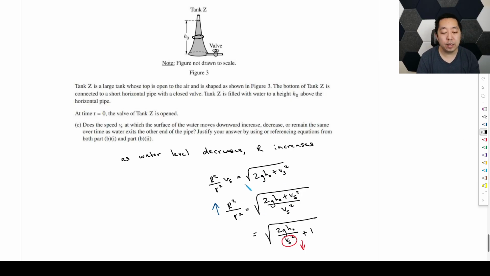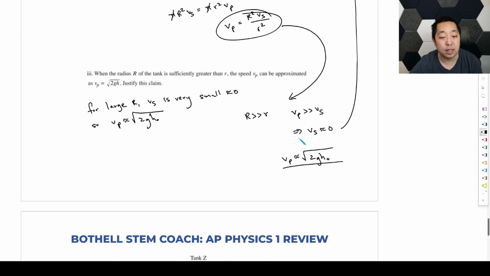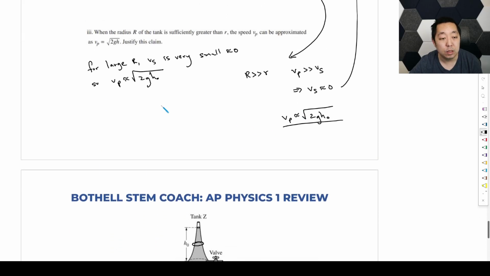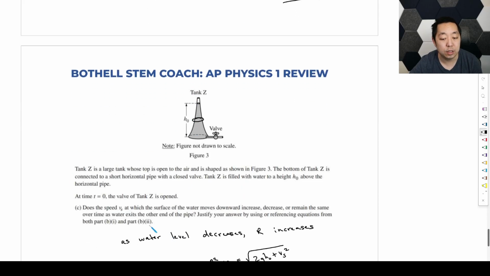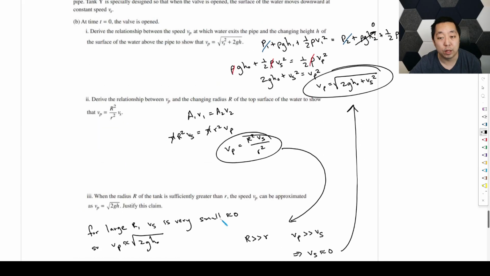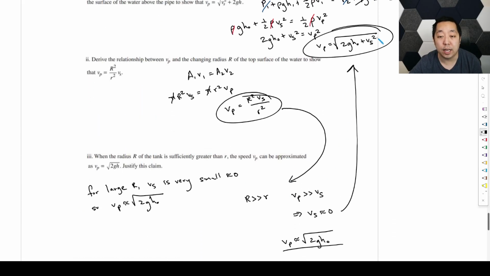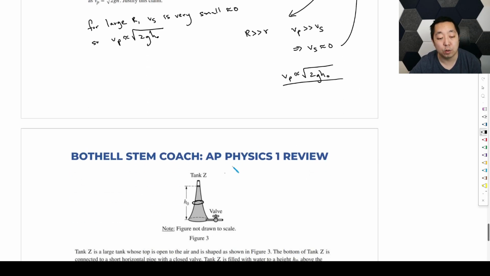Probably the other way that's a little simpler to justify this is to almost use the continuity, since they want to use both of them. Say that as h0 decreases, let's assume vs is very small. As h0 decreases, the vp has to go down, right? So the velocity of the water is going to go down.